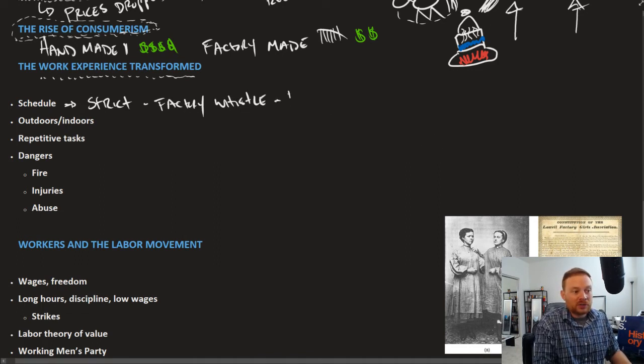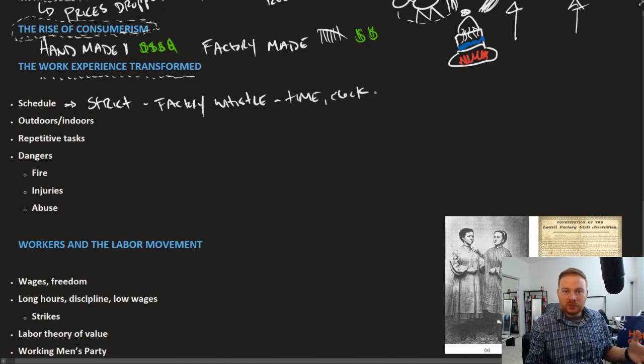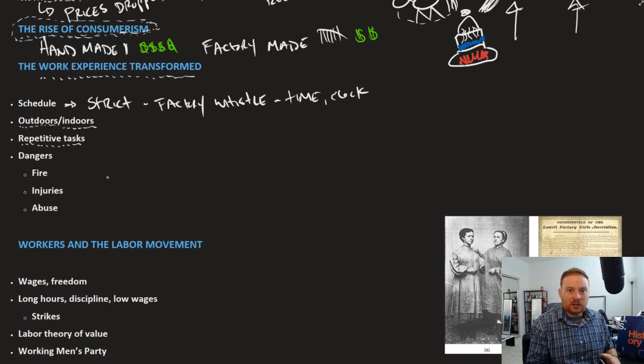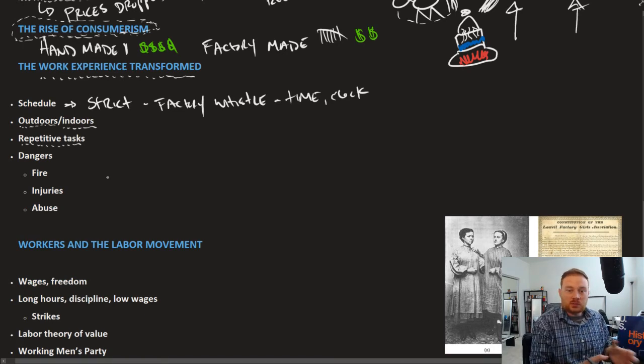For example, time and clocks became much more important and integral in a person's life. You don't just wake up when the sun comes up, but you have to wake up when you have to go to work. Whereas people worked outdoors before, now it was strictly indoors. The tasks were very, very repetitive, right? Think about it. Making something with your hands, you have that process from beginning to end. Whereas when you're in a factory system, the machine does all the work.